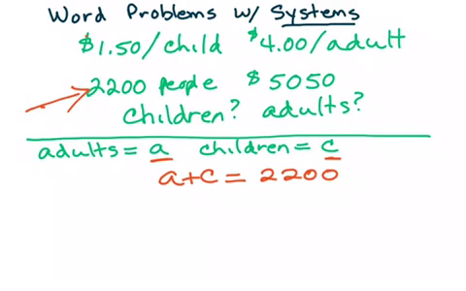So can't we say 4A, which means $4 for every adult ticket, plus $1.50 times the number of children tickets is going to equal how much? 5,050. Now there we have our two equations, and we're just going to solve it.